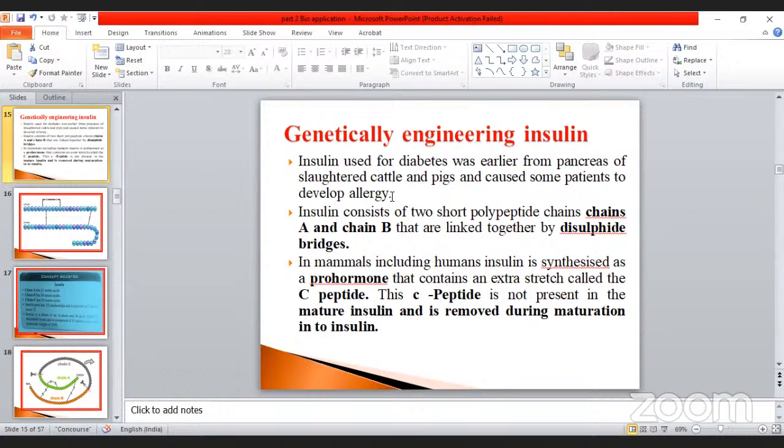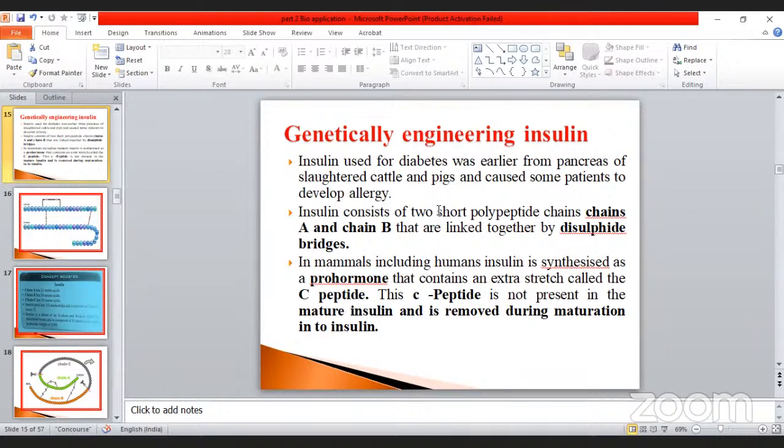So we collect the insulin from the slaughterhouse and give it as a supplement. At that time some persons develop allergy. It will not be a good result. So at that time they use the commercially prepared one, from the laboratory.